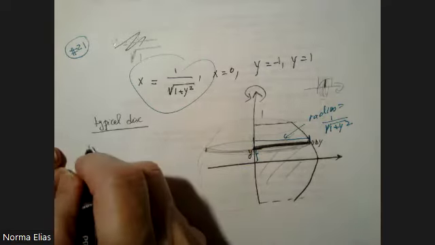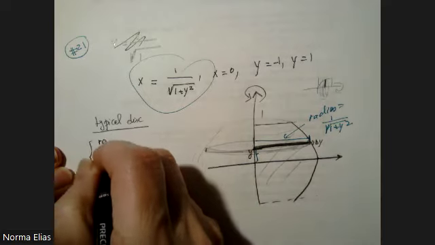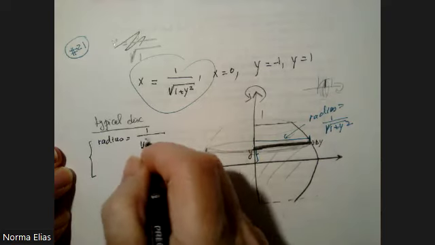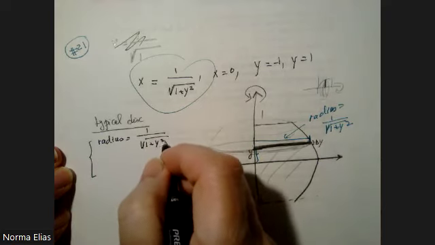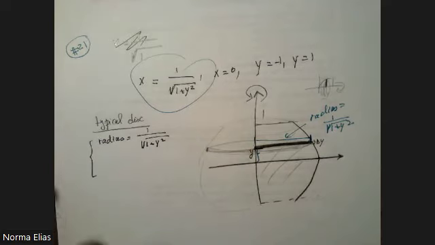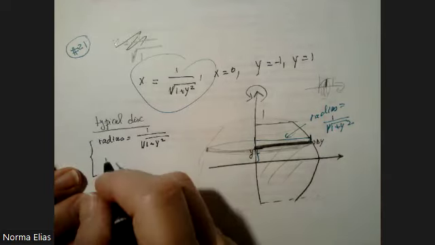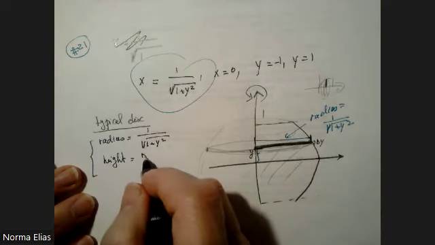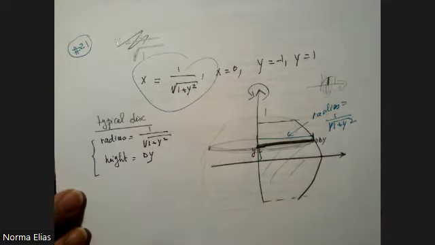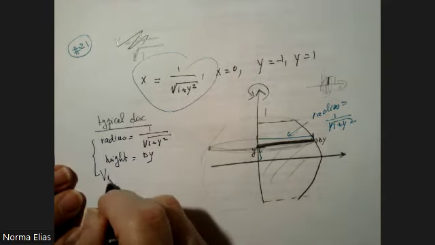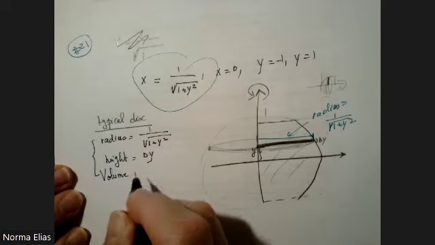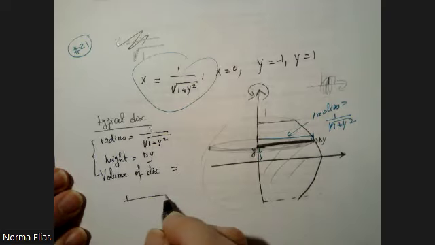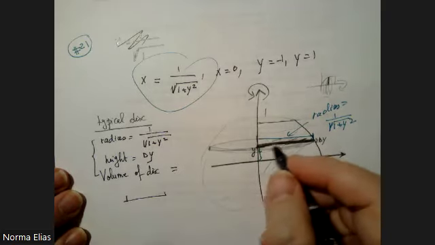So typical disk. The radius of it is 1 over the square root of 1 plus y squared. So everything in terms of y in this case. And the little height of it, or the thickness of the disk, is the little delta y. The volume, because I'm adding volume now, the volume of the disk is basically the area of the base of the disk.